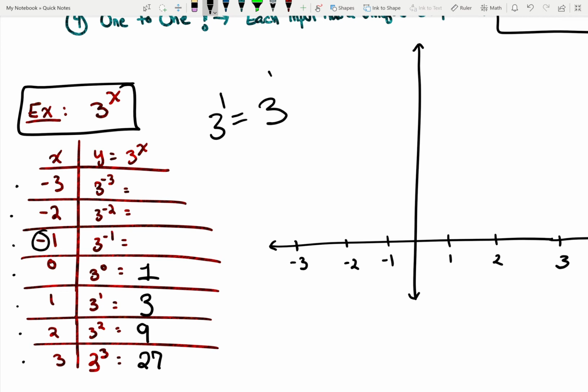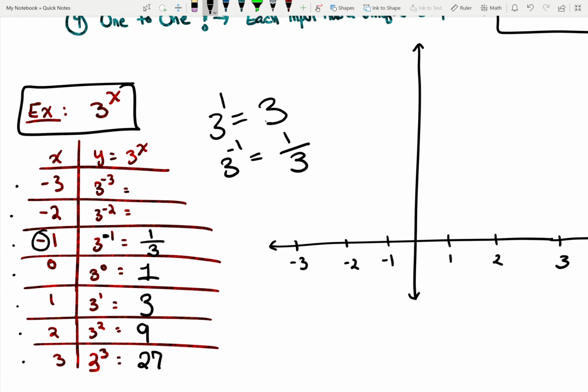But because we know that there's a negative in the back of our mind, we're going to flip it to the denominator. So what do I mean? Instead of having 3, we put that 3 in the denominator.